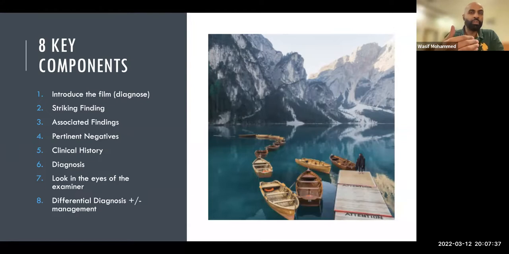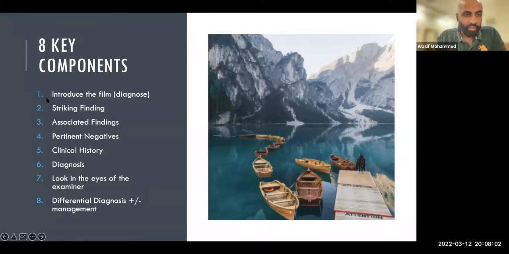They know that you have described the striking findings, especially if you use buzzwords. So they know everything they need to know about this case. They don't waste time with differential diagnosis and asking you the management. Most of the time, the management is to refer the patient back to the physician, except for urgent cases, so it's not that important. You can close off the case at the 7th point over here.